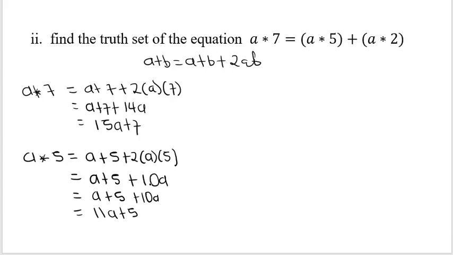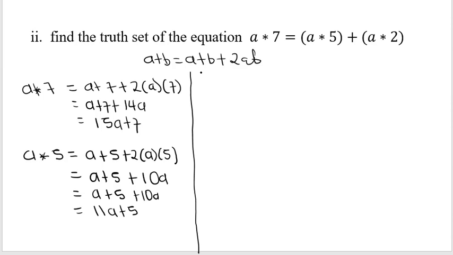Okay, so we are left with A star 2. We have A plus 2 plus 2 times A times 2.